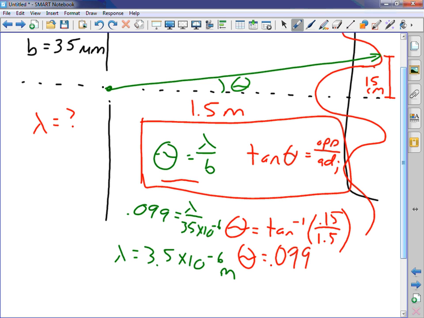So you're able to solve for the wavelength of light. The cool part about this is the only measurements that I do are to take a meter stick and measure the length from the single slit over to the screen, and then take that same meter stick and measure the distance between a central maxima and the first minimum.